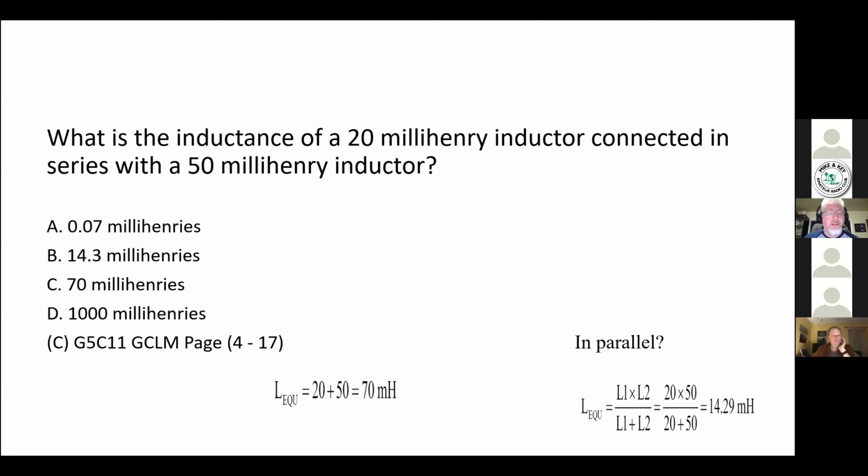Charlie is correct. You just add them up. And if you had them in parallel, there's the math down here. Parallel is going to be the number below 20, so it'll be 14.3. That's the fast way to do it.